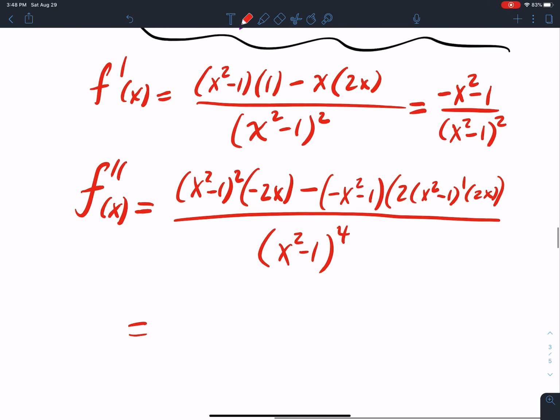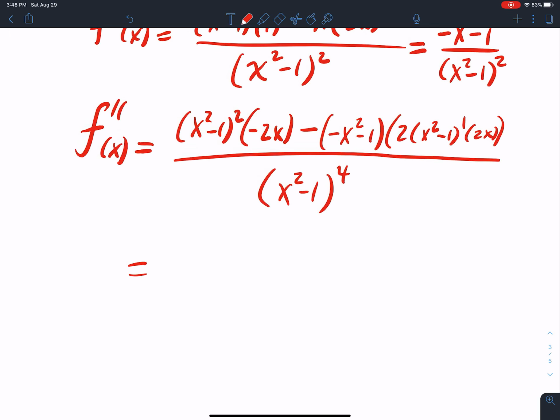All right. Now, I can simplify this here. And so when I simplify, I'm going to factor out an x squared minus 1 from every term here. There's actually 2 of them here, and then there's 1 of them here. So I'm going to cancel that out with all 3 of those pieces. So that's why I have a 3 here and not a 4.